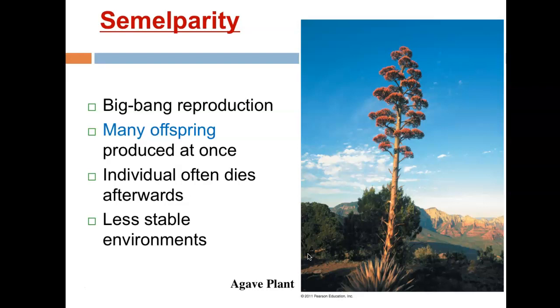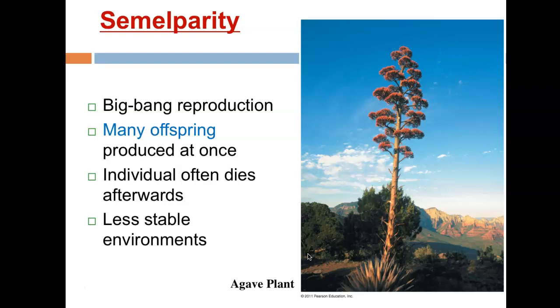Type 3 survivorship. It's in a pretty harsh, less stable environment, kind of like where the oyster lives. And the adult is going to have many, many offspring. And because of the energy that it takes to have that many offspring, they will likely die. But it's worth the sacrifice because that amount of energy is going to maximize the amount of offspring produced.